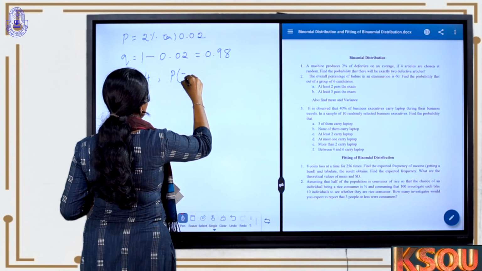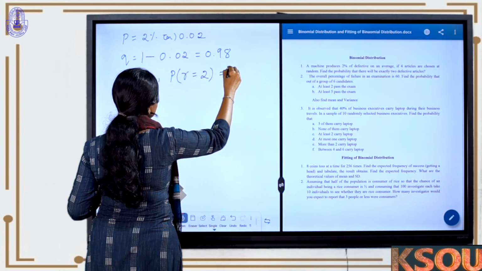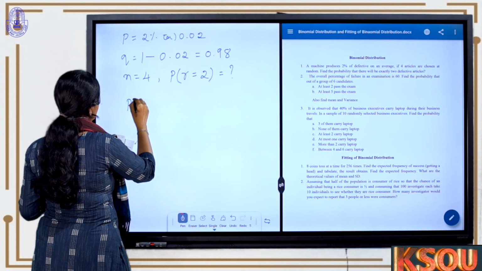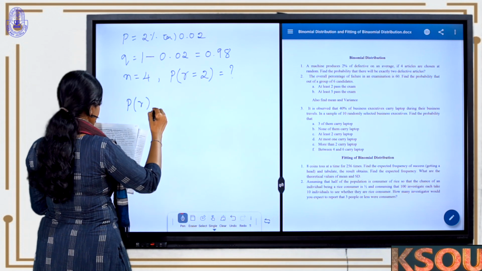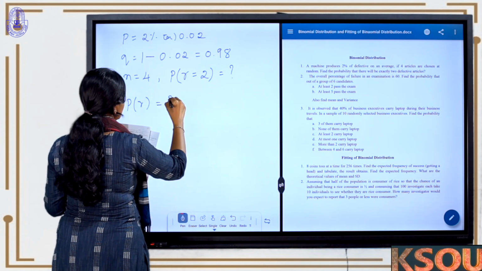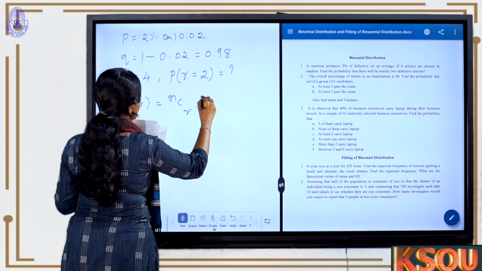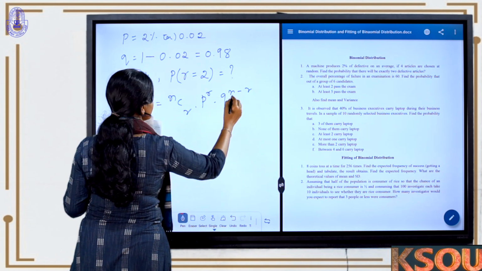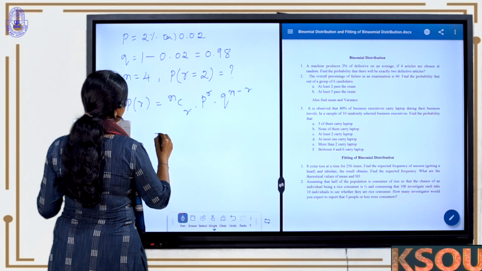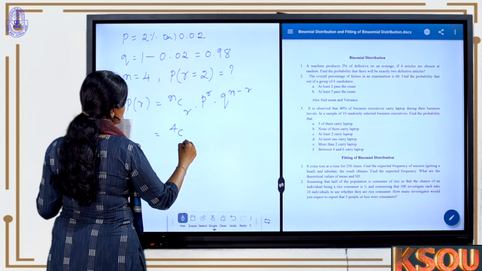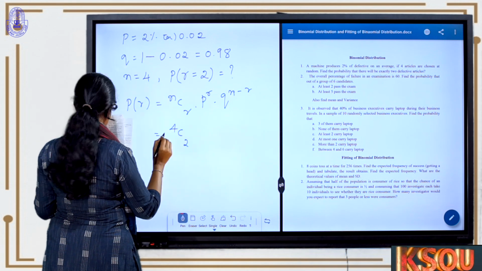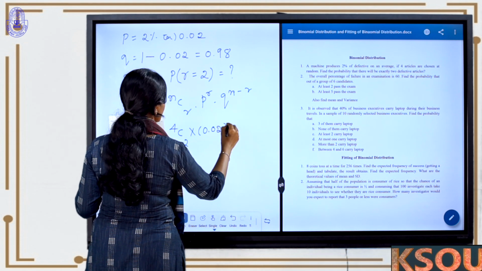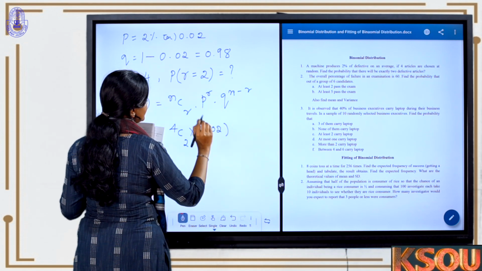So P of R is equal to 2. You will have to calculate it. So what is the formula under binomial probability distribution? P of R is equal to NCR P to the power of R Q to the power of N minus R. So you can take 4C2 because N is 4, R is 2, then into P value 0.02 to the power of R, which is exactly 2, isn't it?